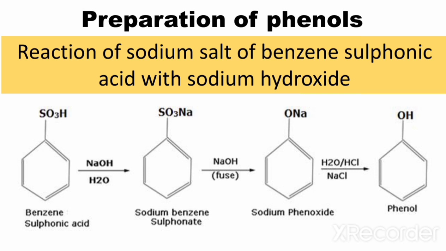When it reacts with sodium hydroxide along with a water molecule, it forms sodium benzene sulfonate. Why does it form sodium benzene sulfonate? Because the sodium positive ion from the base, sodium hydroxide, will act as an electrophile and replace the hydrogen of the sulphonic acid on benzene.